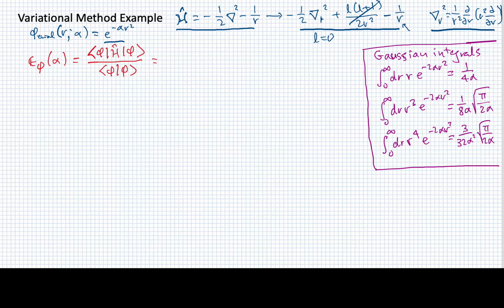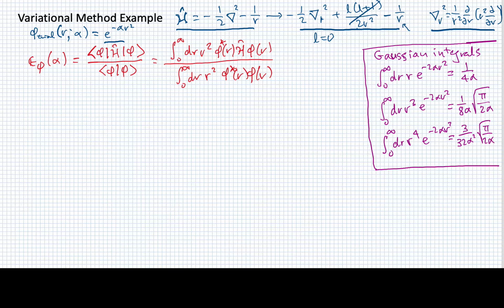And I'll just remind you that this is equivalent to an integral dr r squared. We'll have the trial wave function, the Hamiltonian operator, the trial wave function, and this is divided by the integral 0 to infinity dr r squared and just the product of the wave function with its complex conjugate.